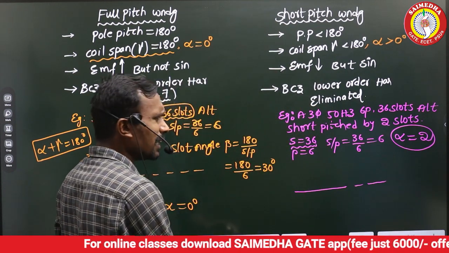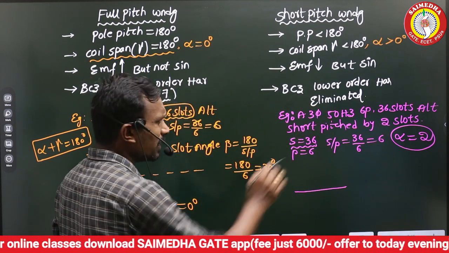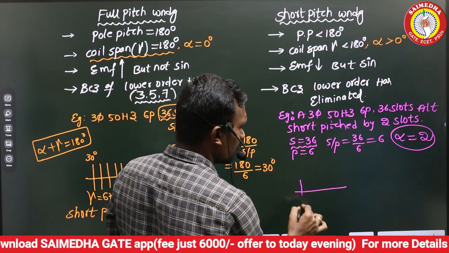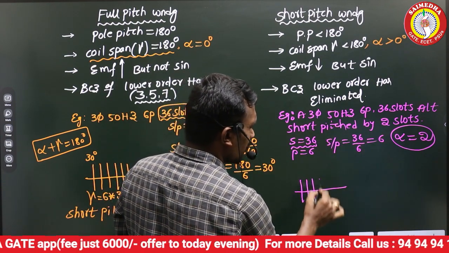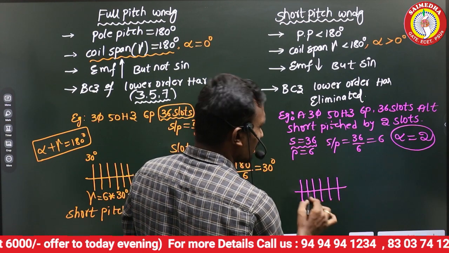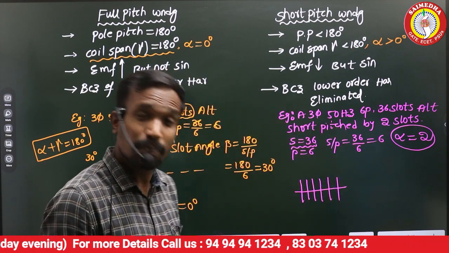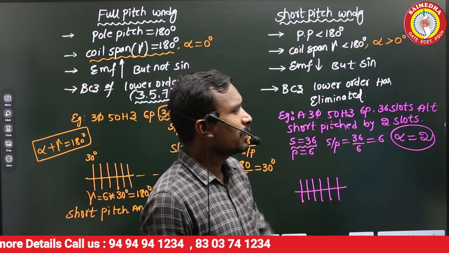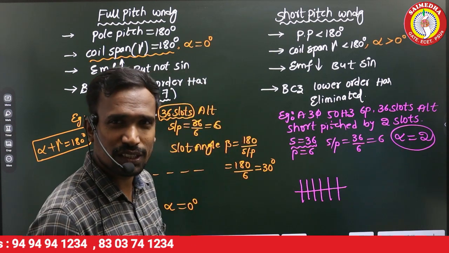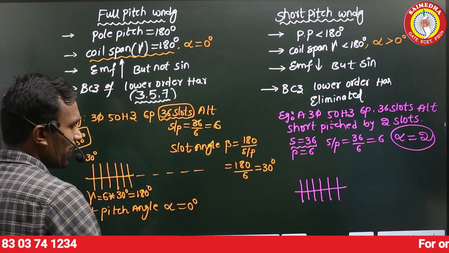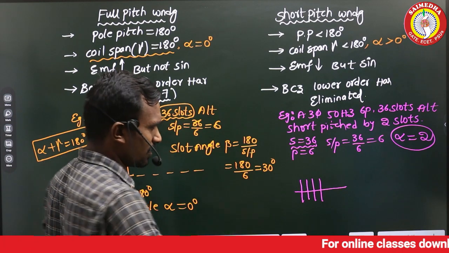For each pole, I have to place 6 slots. But in the question they mentioned that 2 slots are short pitched. From this, I am going to short pitch 2 slots.